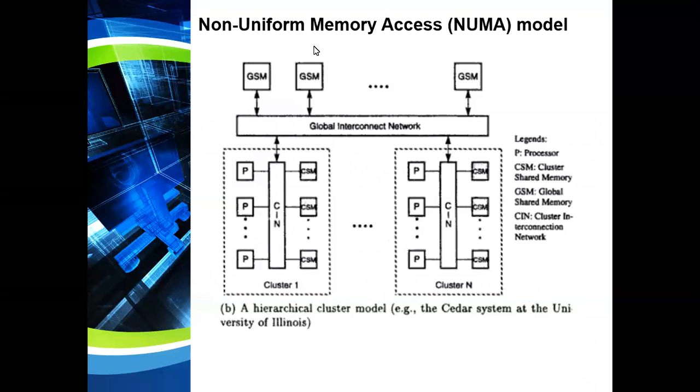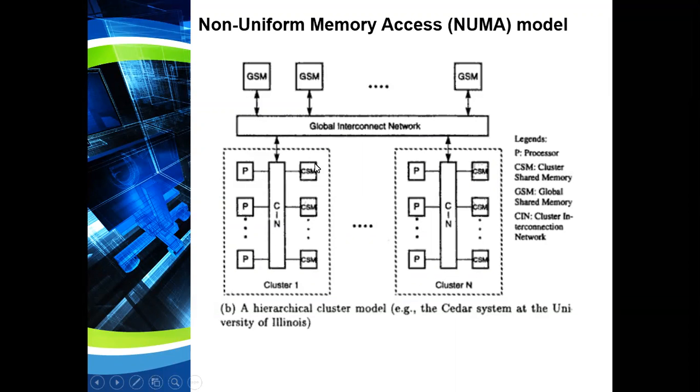CSM, that means cluster shared memory, is acting as a local memory for the corresponding processor. You see on the diagram, for example, the mouse pointer: the first processor, you see cluster 1. Processor 1 on cluster 1 is directly connected with which one? The corresponding CSM.